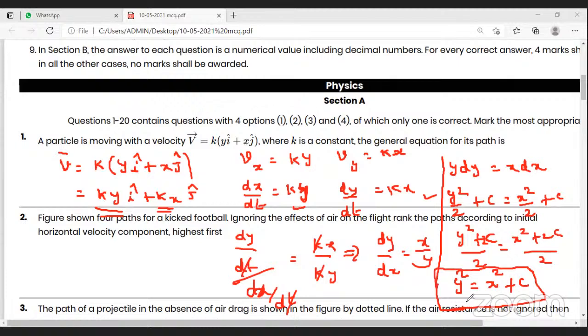That constant may be anything. Based on the given relations and given limits, the constant value will change. So the velocity of the particle was given in an equation.